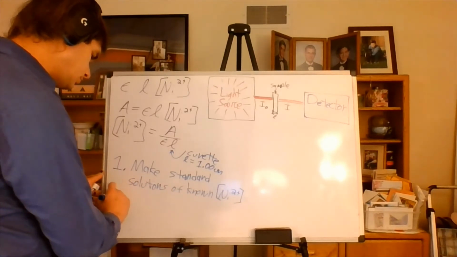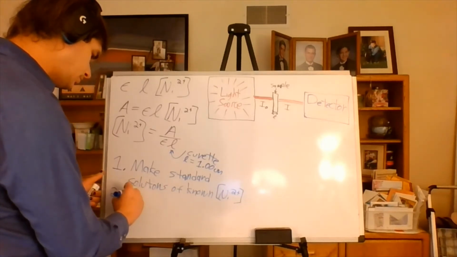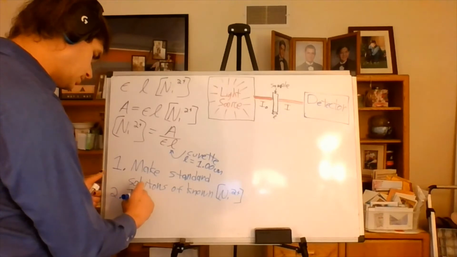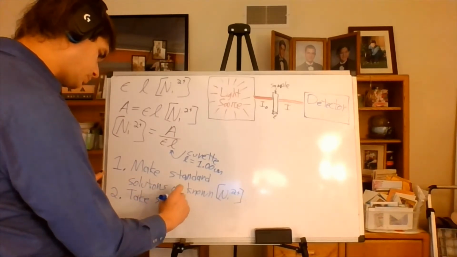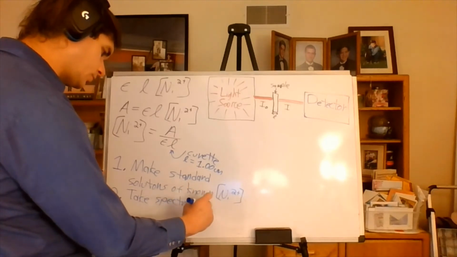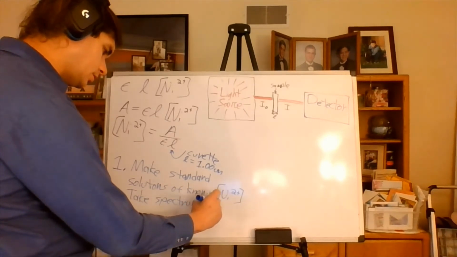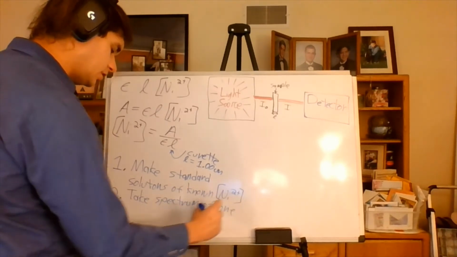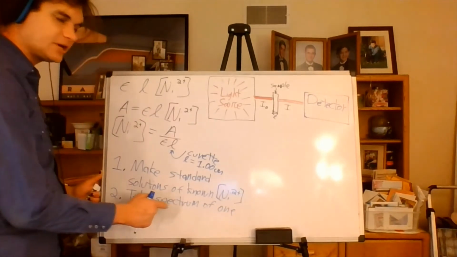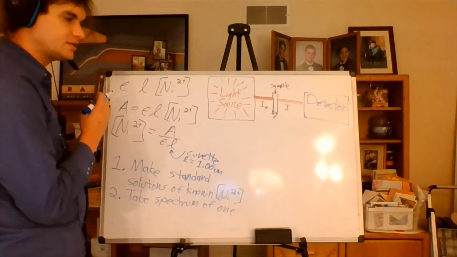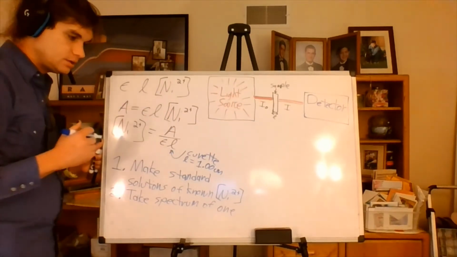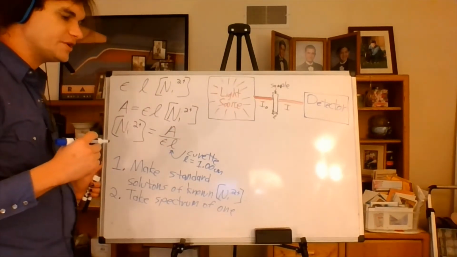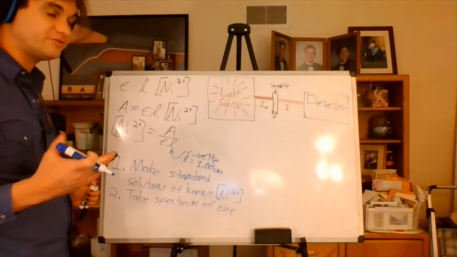Step 2, we're going to take a spectrum of one of those standards. Now, a spectrum means that we look at all of the wavelengths. We don't need to look at the spectrum for all of them.